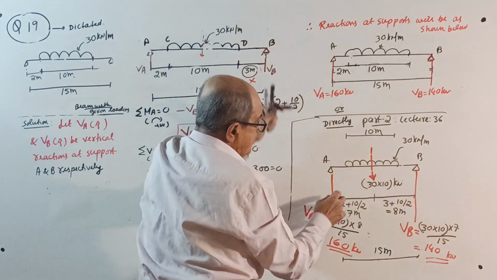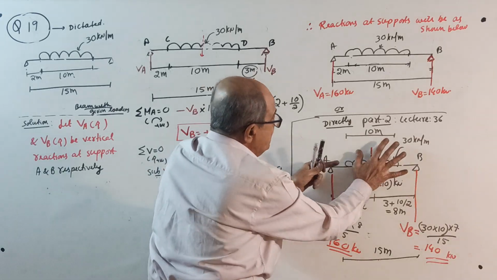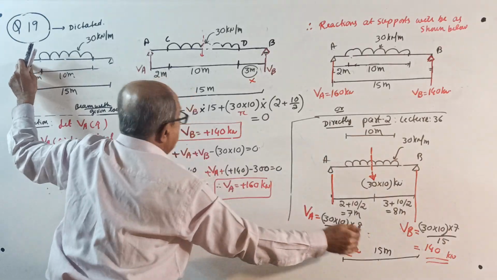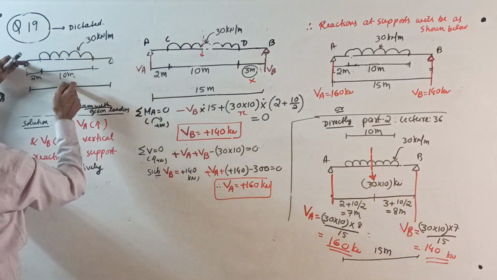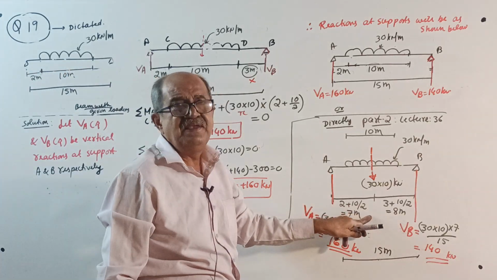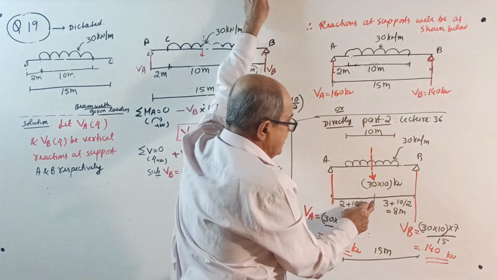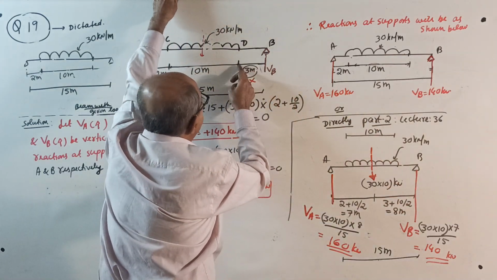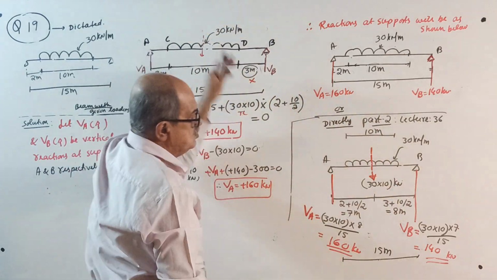Okay, now the line of action. Don't write anything now. See this question. Here, the resultant load will pass through the center of the UDL: 2 meter plus half of 10, which is 7 meter. Once this is 7 meter, you can tell the other is 8 meter. Or this gap is 3 meter here, 3 plus 10 by 2, 8 meter.